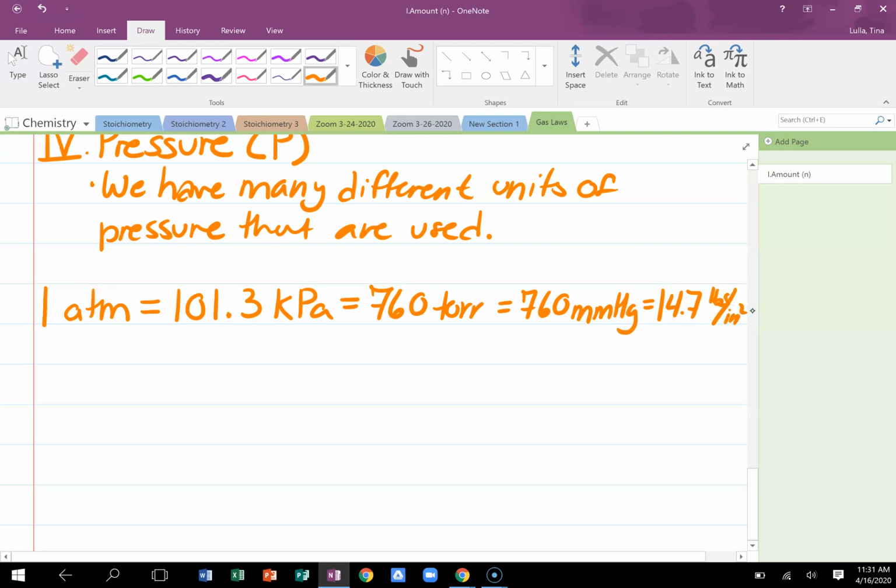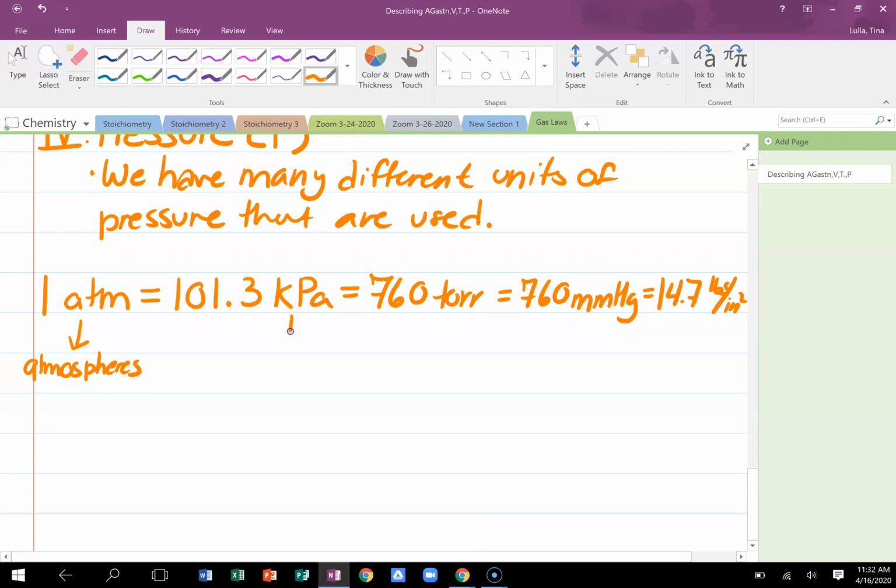Okay, so let's just break this down a little bit. ATM stands for atmospheres, and that's a unit of pressure. So 1 atmosphere, 2 atmospheres, 3 atmospheres. kPa stands for kilopascals, and again, a unit of pressure. 200 kPa, 300 kPa, 400 kilopascals.